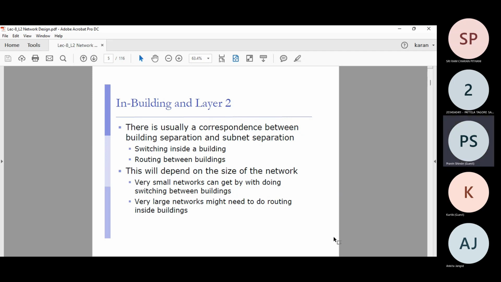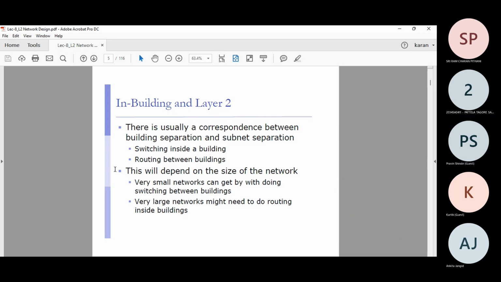In buildings and layer 2, there is usually a correspondence between building separation and subnet separation. Switching inside a building, routing between buildings. Between two buildings the routing feature is enabled, and within a single building the switching feature is enabled.